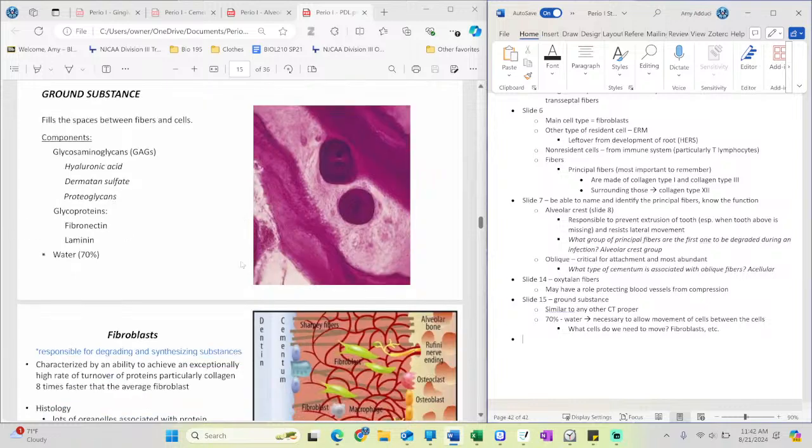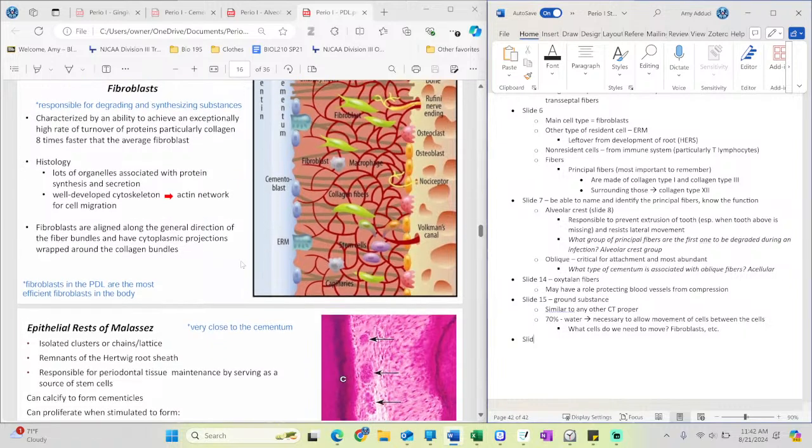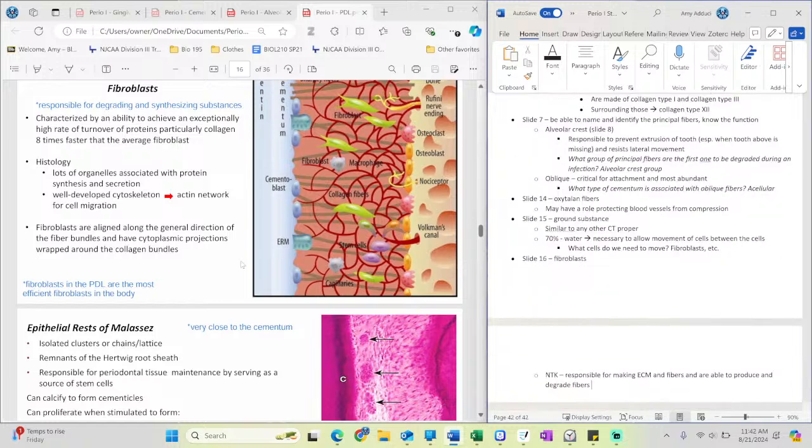We talk about the fibroblast. The only important thing for you to remember regarding fibroblasts is that they are responsible for making the extracellular matrix and fibers, and they are able to produce and degrade fibers 8 times faster than the fibroblasts in the dermis. So these are cells highly specialized to maintain high turnover of collagen fibers.